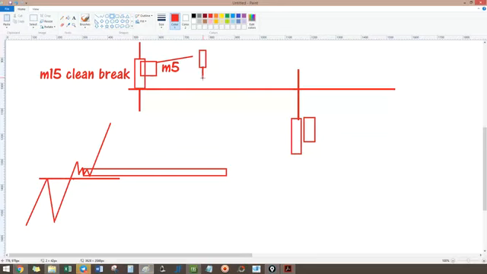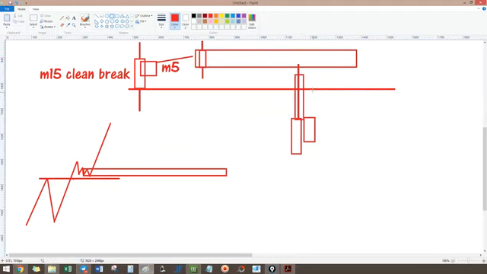On M5, you have something like this. You are using M5, okay? And then it rejects like this, and then it closes out here, and then it opens up the new one. You can instant trade here.